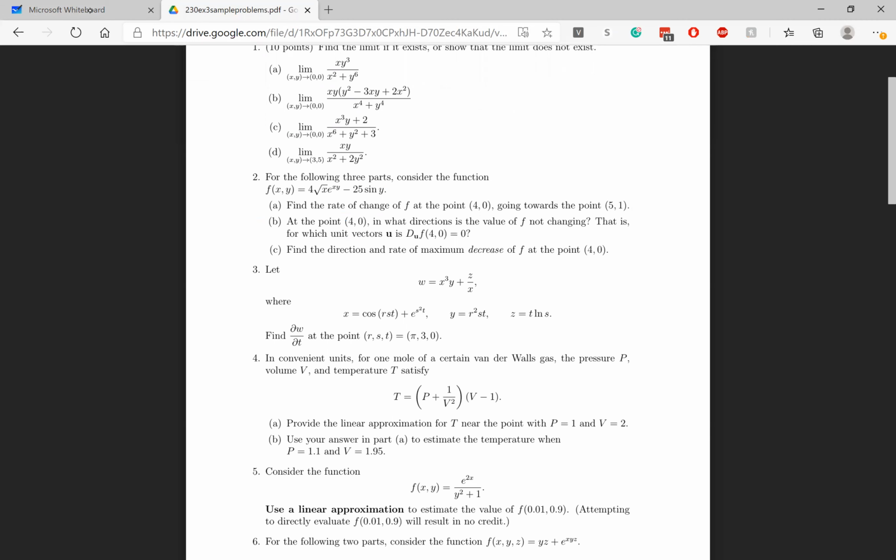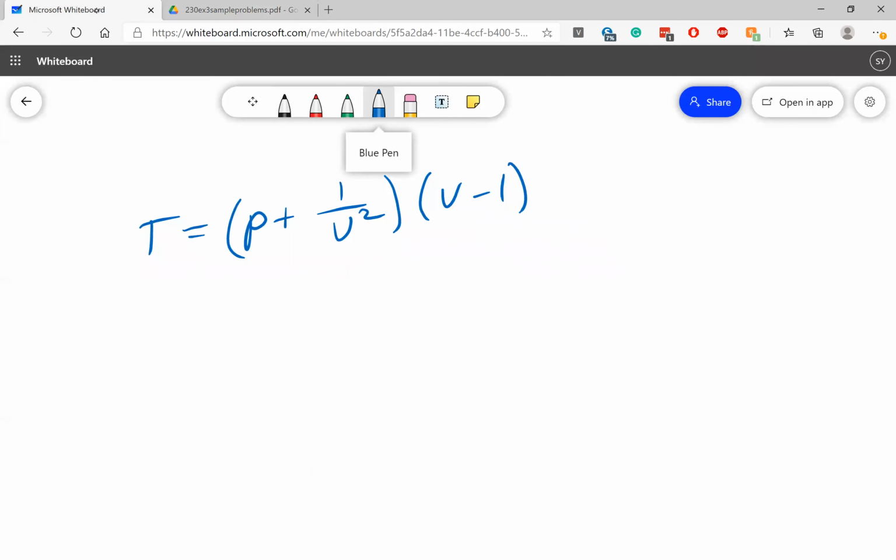So they want us to provide the linear approximation for T near the point with P equal 1 and V equal 2. So our point is P equal 1, V equal 2.